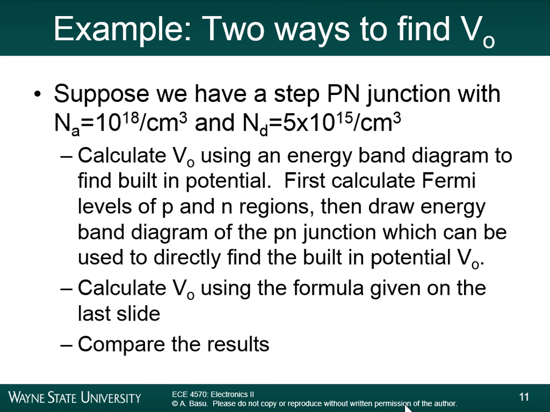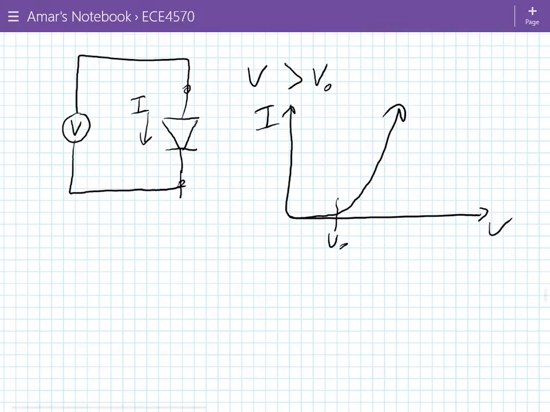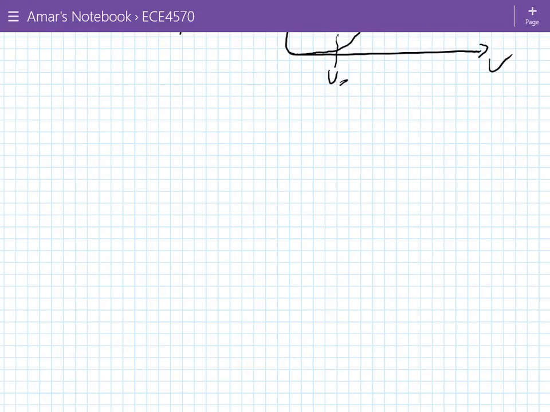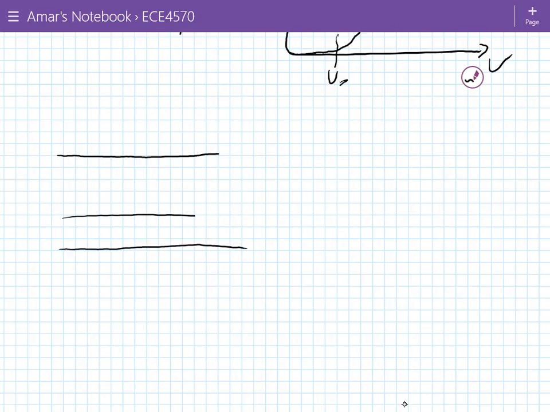Okay, so let me be specific here. So let's say we have a PN junction that looks like this.